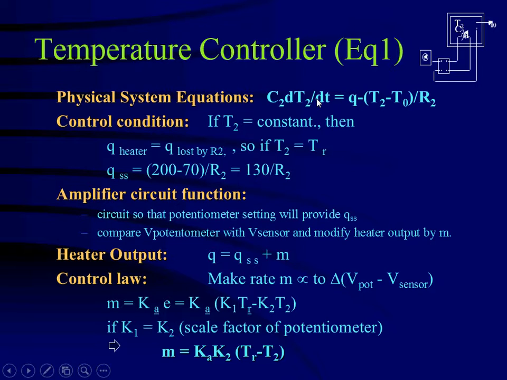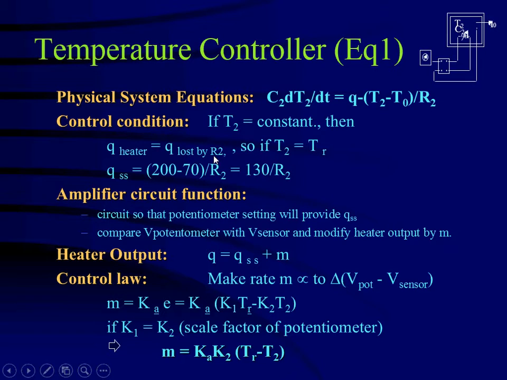So the heater output is going to be this Q_SS plus M, which would be the control itself. Okay, so it depends on these values, how strong the control system is for this oven.